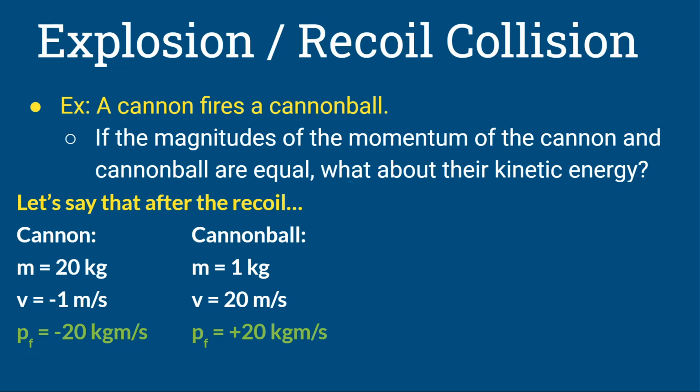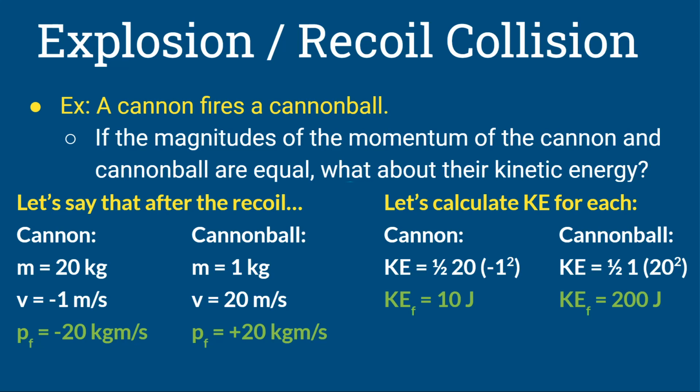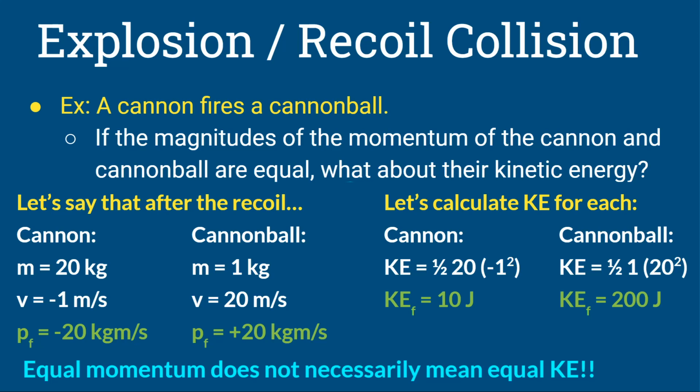So let's look at kinetic energy now, because this shows momentum being conserved. Is kinetic energy conserved? Nope. Look at those numbers. Okay, for my cannon, 1/2 times its mass of 20 times negative 1 squared is only 10. For my cannonball, 1/2 of 1 times 20 squared is 200. Okay, very different kinetic energies. So it is absolutely possible, in fact, it's usually true, that momentum is conserved, but kinetic energy is not.